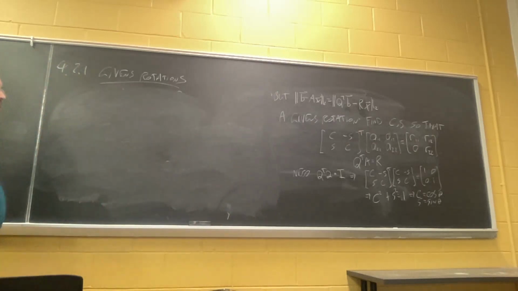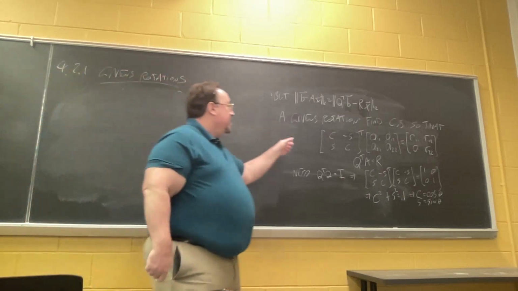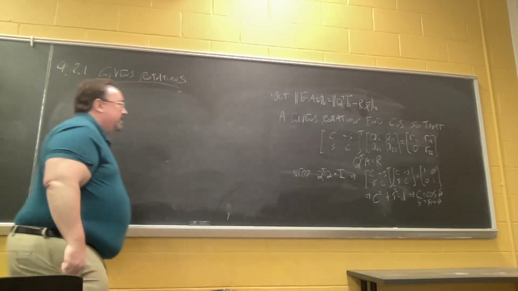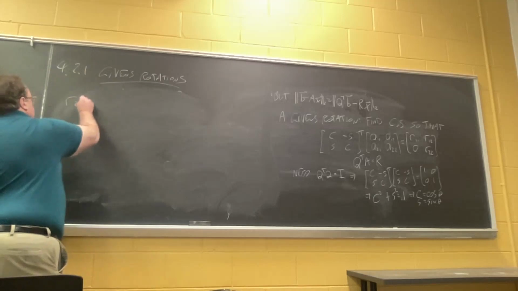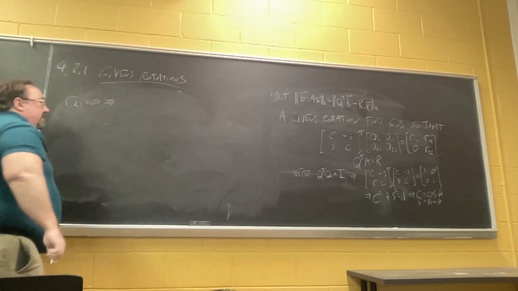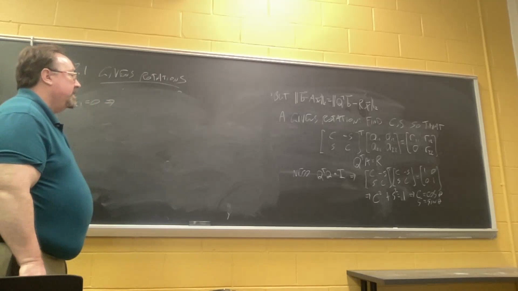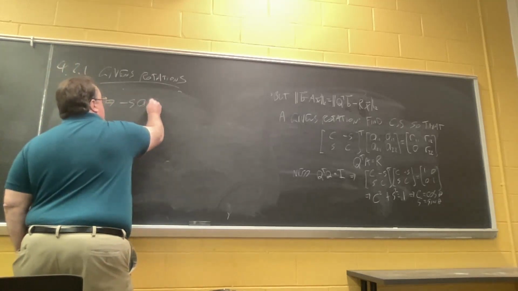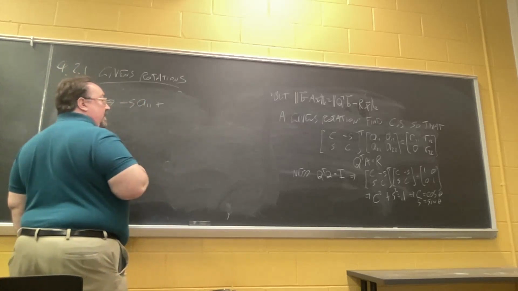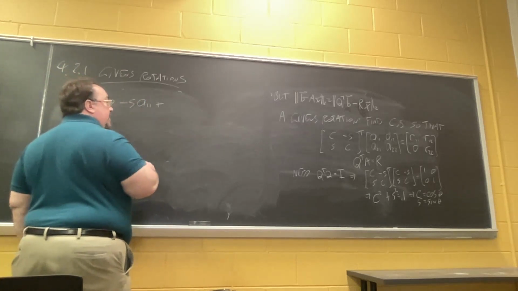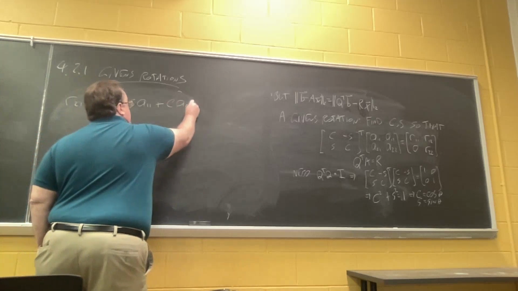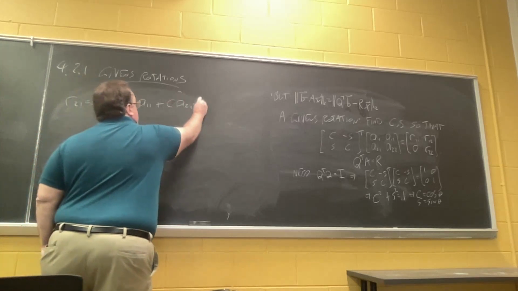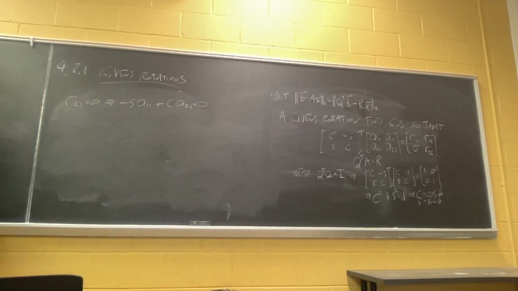Okay. Now, to make sure that the 2-1 entry of a product turns out to be 0. So R21 equals 0. That means when I carry out the multiplication, I'm going to have minus S A11 plus C times A21 is equal to 0.